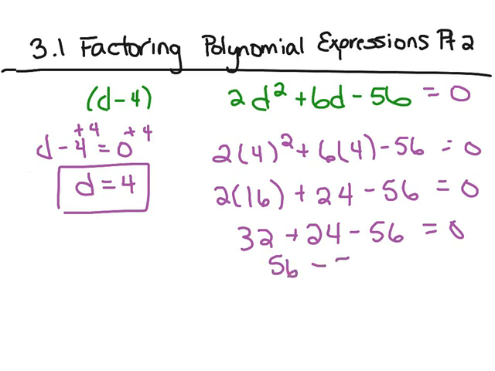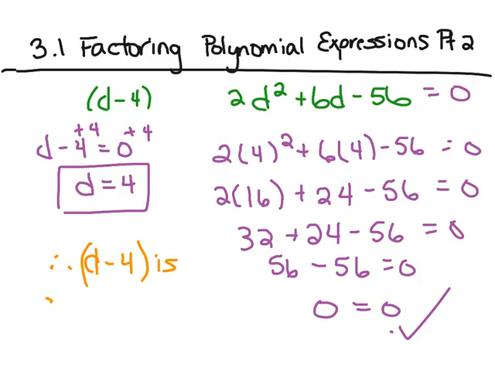So 56 minus 56 equals 0. So we know that this is right. And we already knew that d minus 4 was a factor. So therefore, by substitution, d minus 4 is a factor of 2d squared plus 6d minus 56.